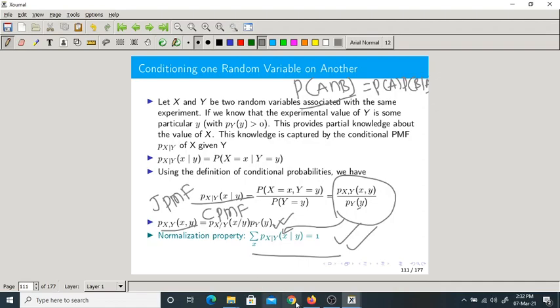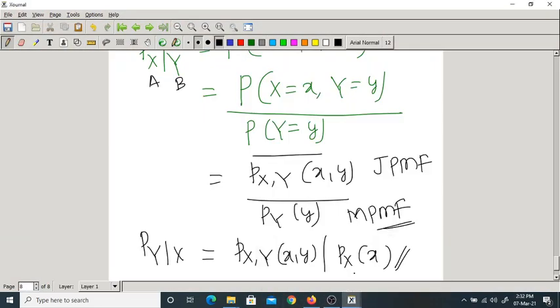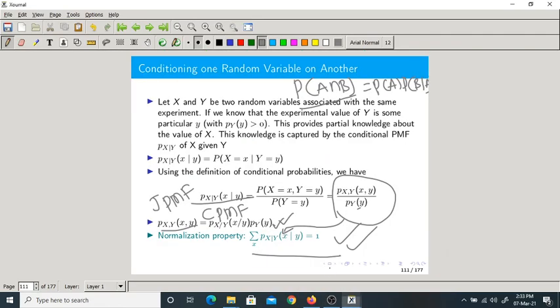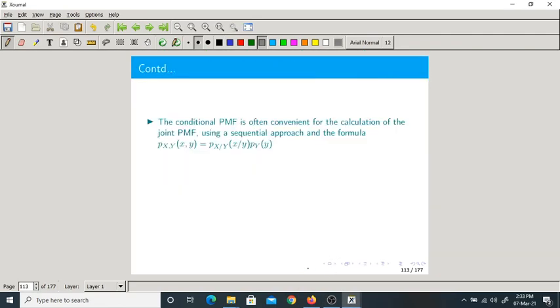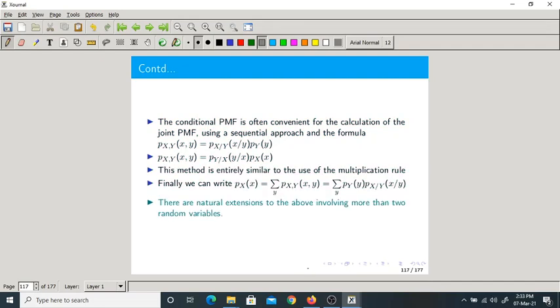You can also think of it like this: joint PMF is just like P of A intersection B, and marginal PMF is just like P of B. You just try to understand in this way. It is very, very easy. So these are all formulas based on the multiplication rule.